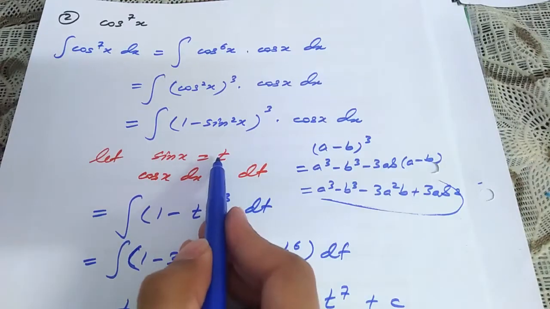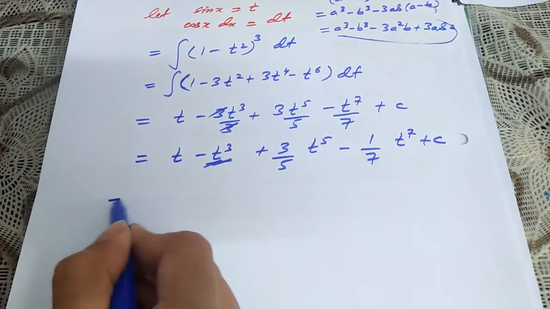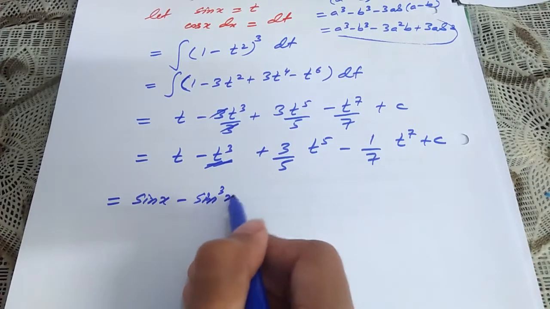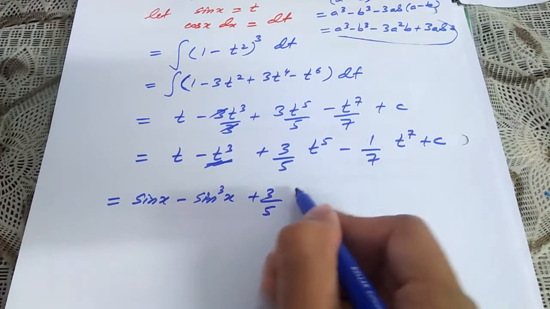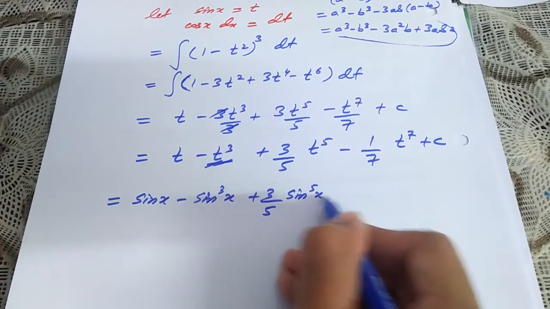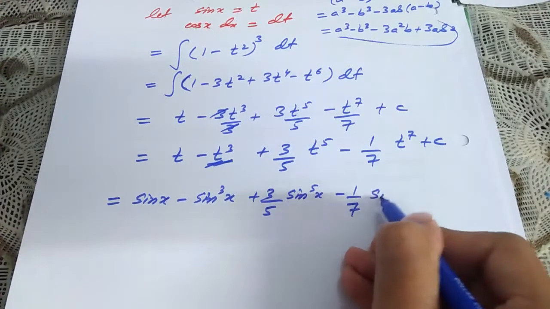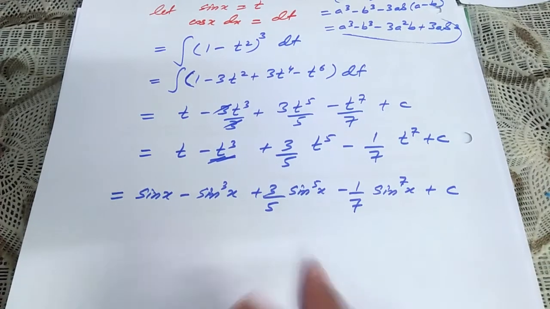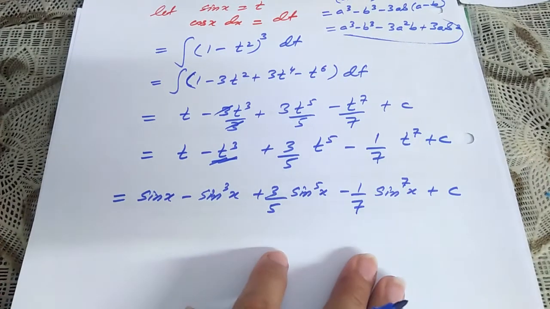Now what was our t? Our t was sine of x. So we will get here sine of x minus sine cube of x plus 3 over 5 sine 5 of x minus 1 over 7 sine 7 of x plus constant of integration here. So this is the answer for your question number 2.